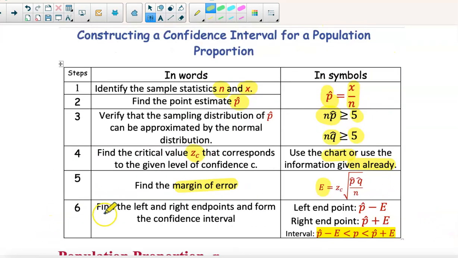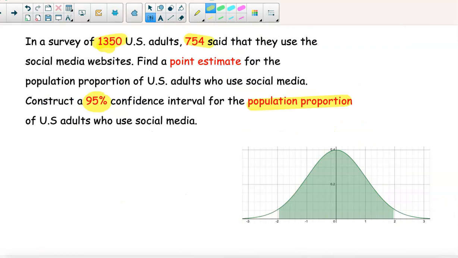Now let us go back to the given problem. Let me first talk to you about this 95% confidence interval. You have a normal distribution chart, and the whole shaded area contains 95% of the data.